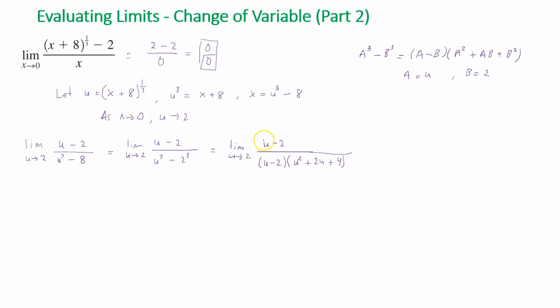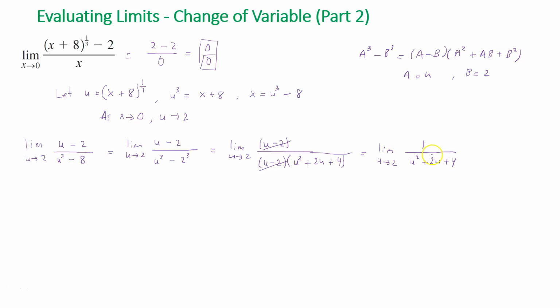And what I can do now is cancel out the common factor, and I'm going to be left with the limit as u approaches 2 of 1 over (u squared plus 2u plus 4).